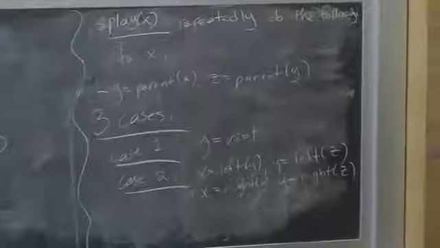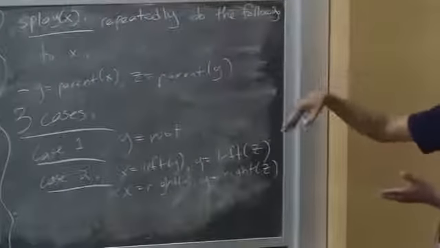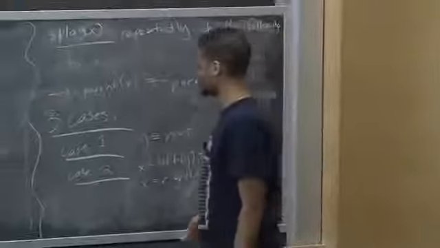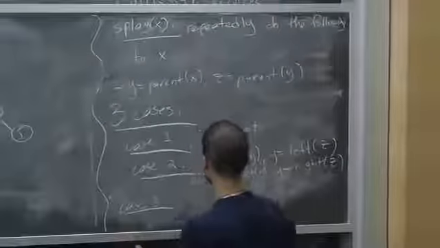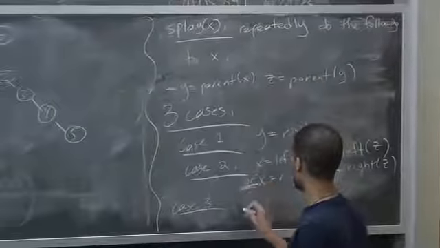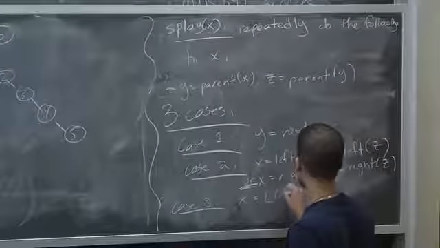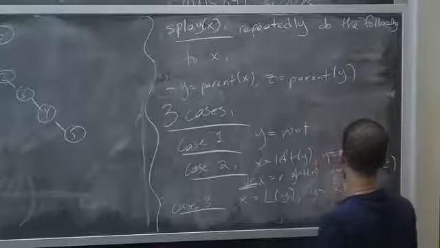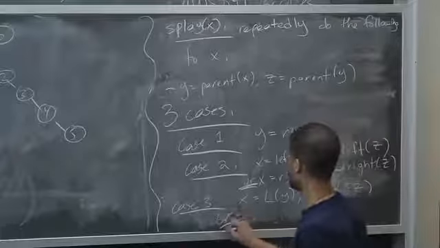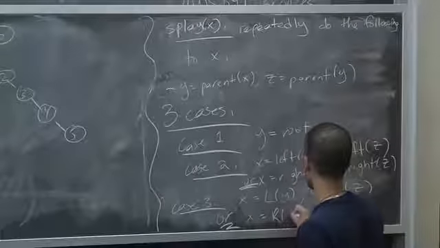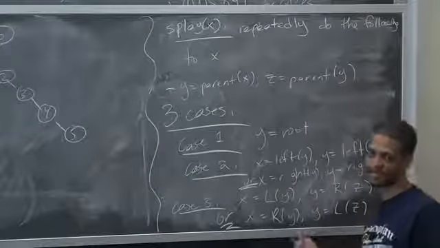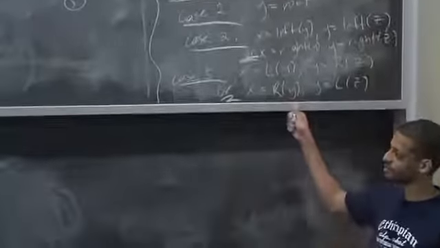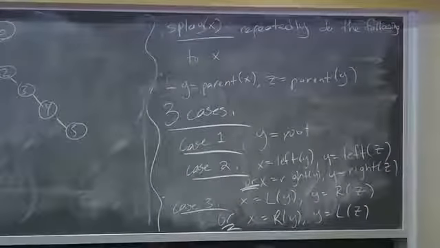So these child pointers are both going in the same direction, left, left, or right, right. And then case three is everything else: x is the left child of y, and y is the right child of z, or x is the right child of y, and y is the left child of z. So those are the three cases, and what we do in each is going to be different.